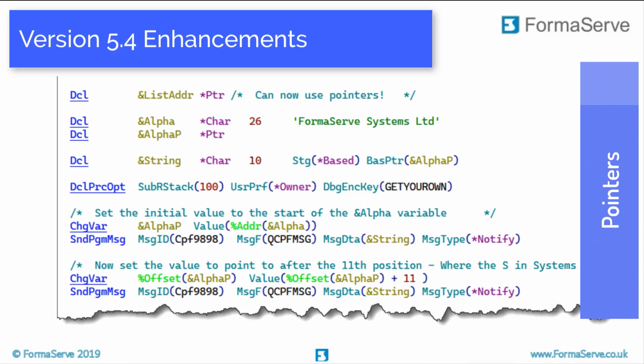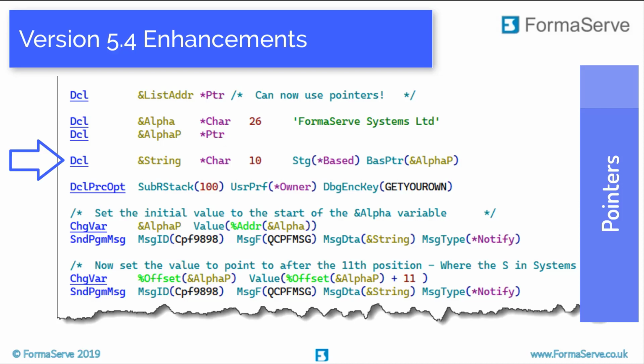Let us take a look at this bit of coding where we can show you how to use pointers. So the first line we're going to look at here is this declaration. It's an alpha name, character 26 long, nothing special about that. And underneath it, we've got a pointer, alpha P, and it's actually declared with an asterisk PTR definition.